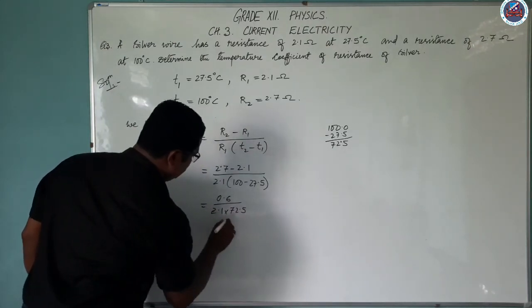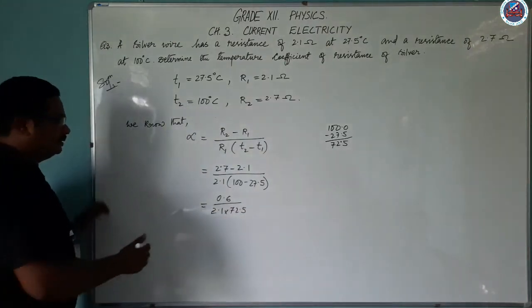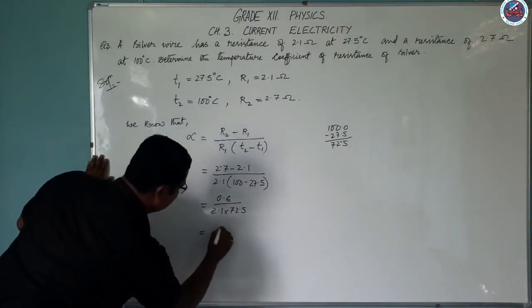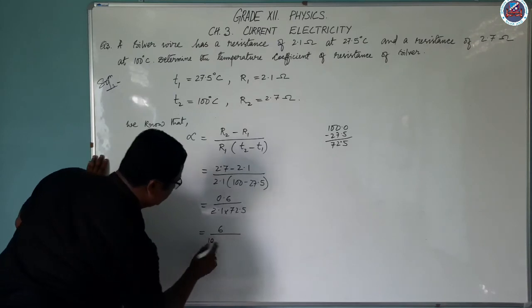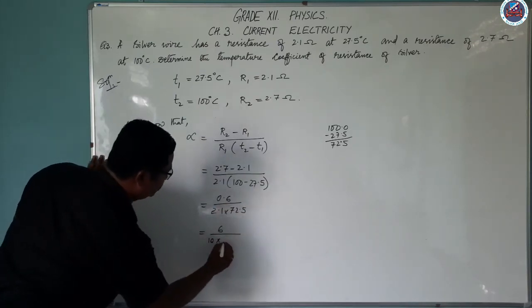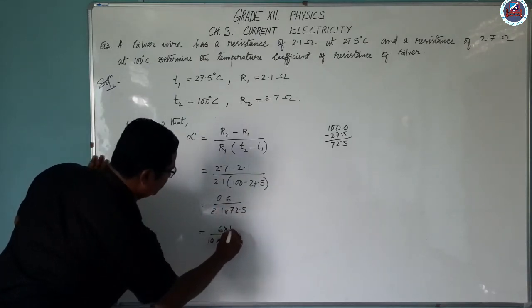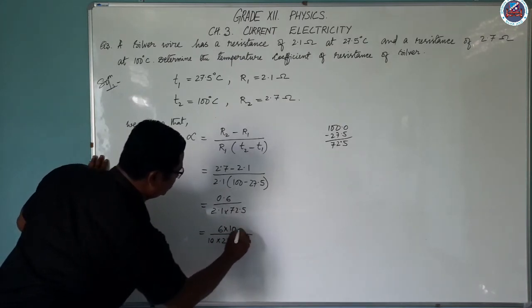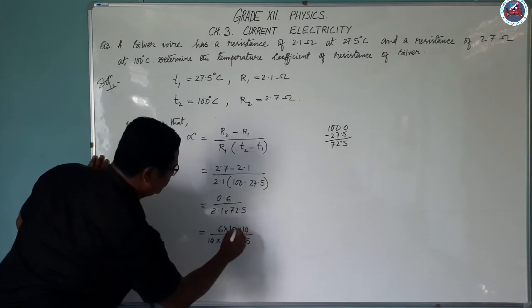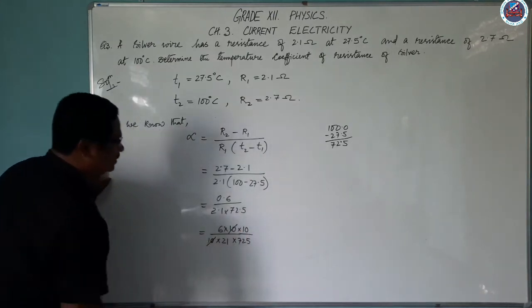Now remove the decimals and then we'll calculate it. 6, if I write it downside, I'll have 10 after the decimal one digit, and down here 21, if I write here 110, and 725 if I write after the decimal one digit, so 10 will come. This 10 will get cancelled.